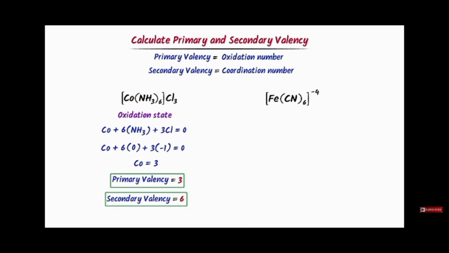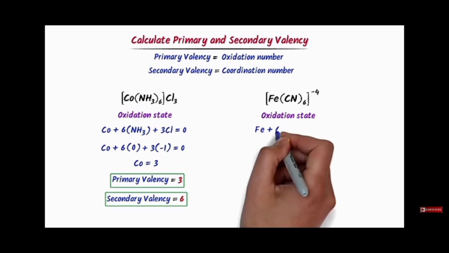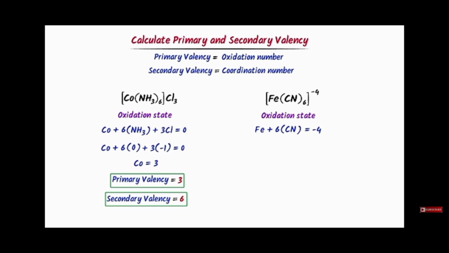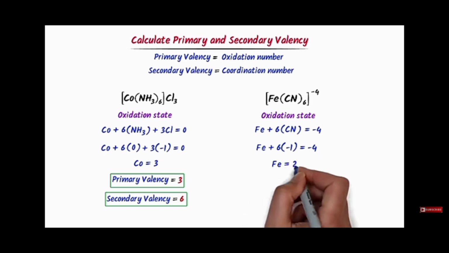Secondly, in the case of this molecule, I find the oxidation state of iron. I write Fe plus 6 into CN equals negative 4 because the overall charge on this coordination compound is negative 4. We know that the oxidation state of CN is negative 1. I write Fe plus 6 into negative 1 equals negative 4. After calculation, I get positive 2.